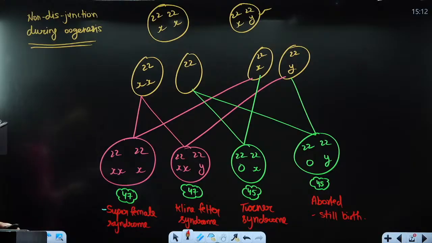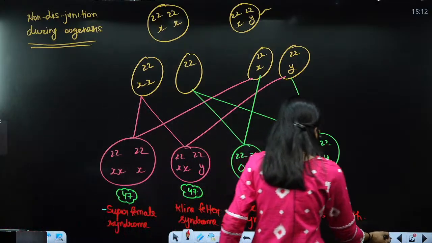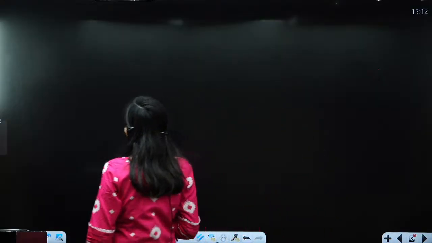Okay, now next you have to create. So next is non-disjunction during spermatogenesis.